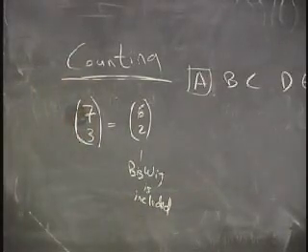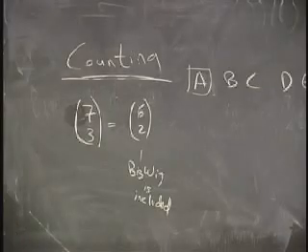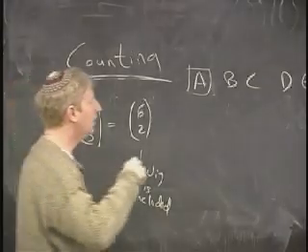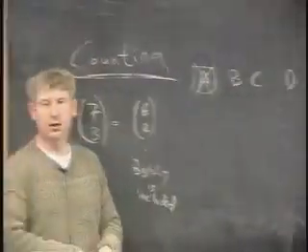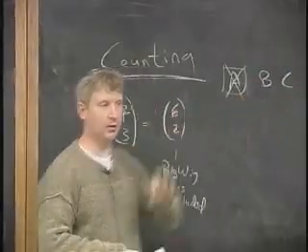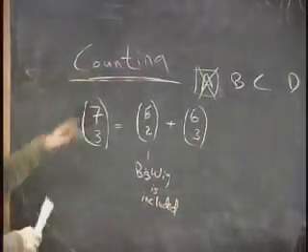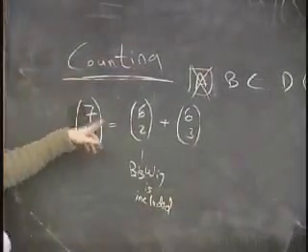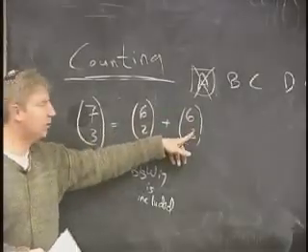Let's do the rest of them, where I do not include her. If I don't include her, she's out of the picture, I have 6 left, but now I have to choose 3 from those 6. N choose K equals N minus 1 choose K minus 1 plus N minus 1 choose K.